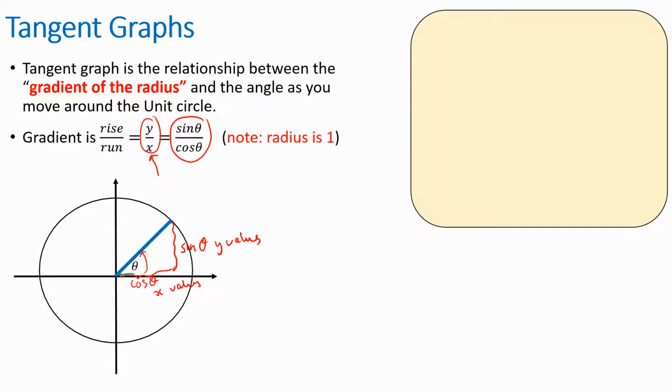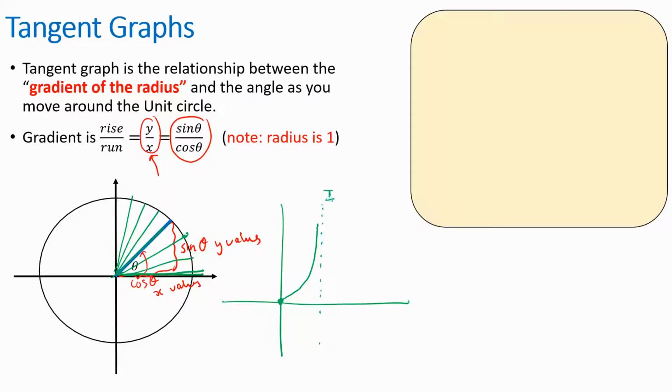Because if you start off at 0, this is a gradient of 0, which explains why in your graph at 0, the gradient is 0, tan is 0. As you move around the circle from each point, the gradient starts to increase. It starts slow, and then it starts to increase to almost a vertical line, which explains why the graph slowly increases, and it increases to a point where eventually, at pi on 2, you have a vertical gradient.